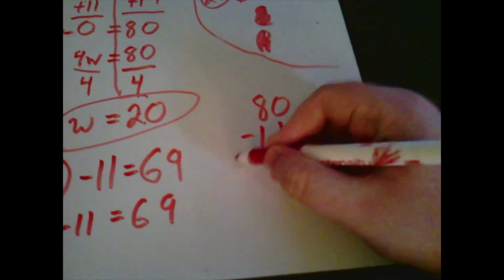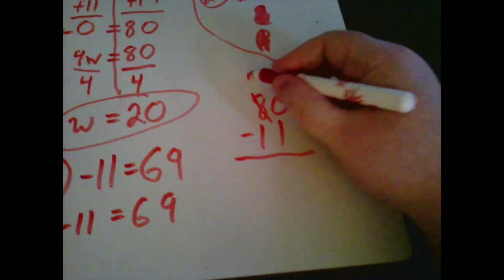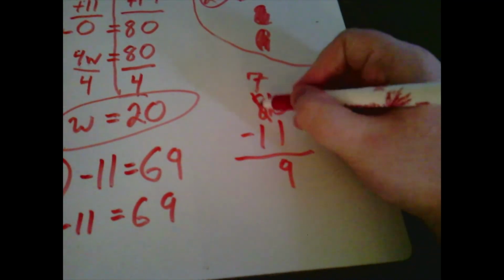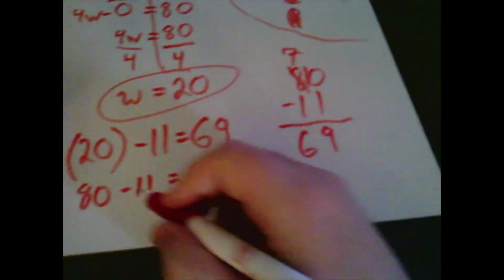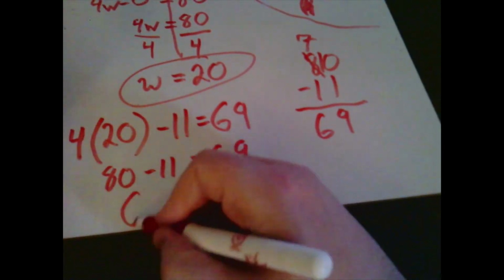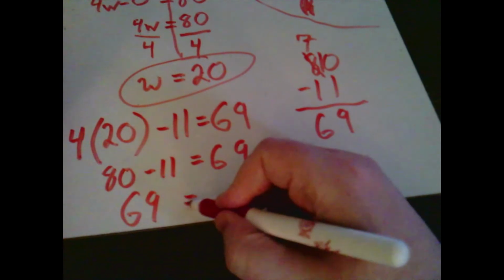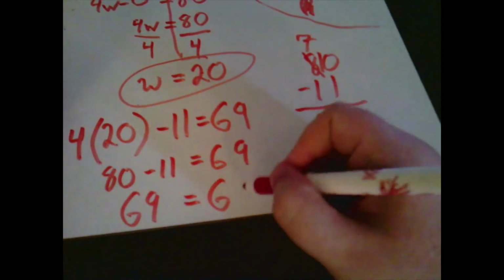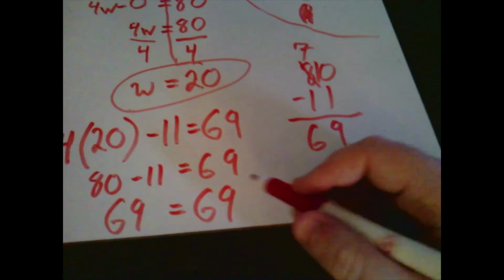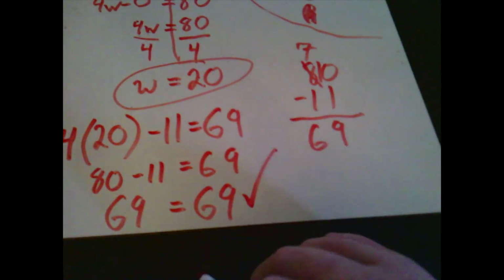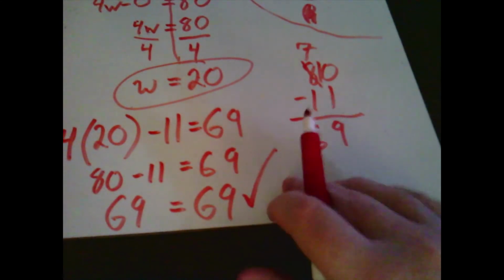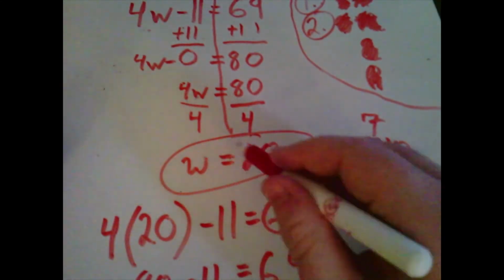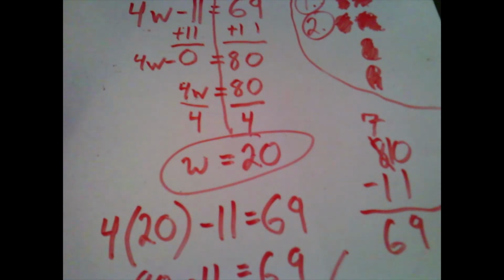I know what it is, but let's see. Borrow. 10 minus 1 is 9. 7 minus 1 is 6, so 69. On this side of the equation, we're left with 69 equals, oh, and nothing over here changed. 69 equals 69. That is true. All right. Very good. This means that w does in fact equal 20.